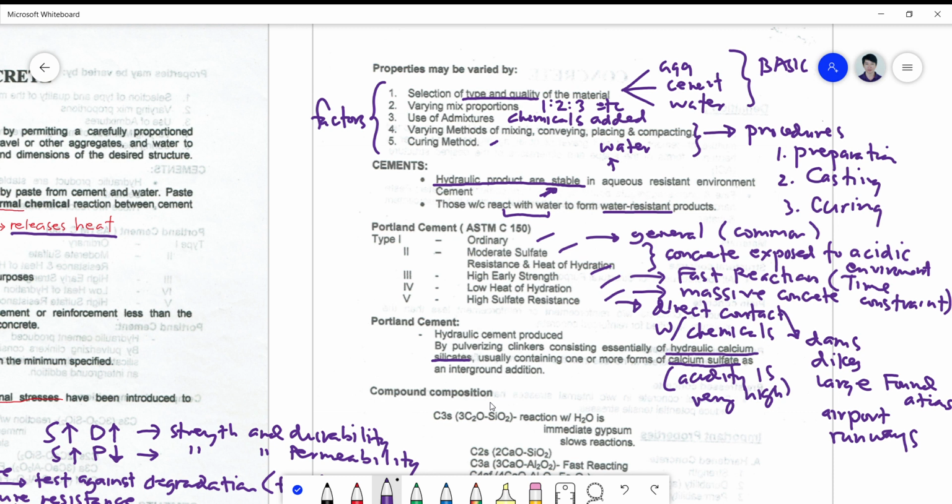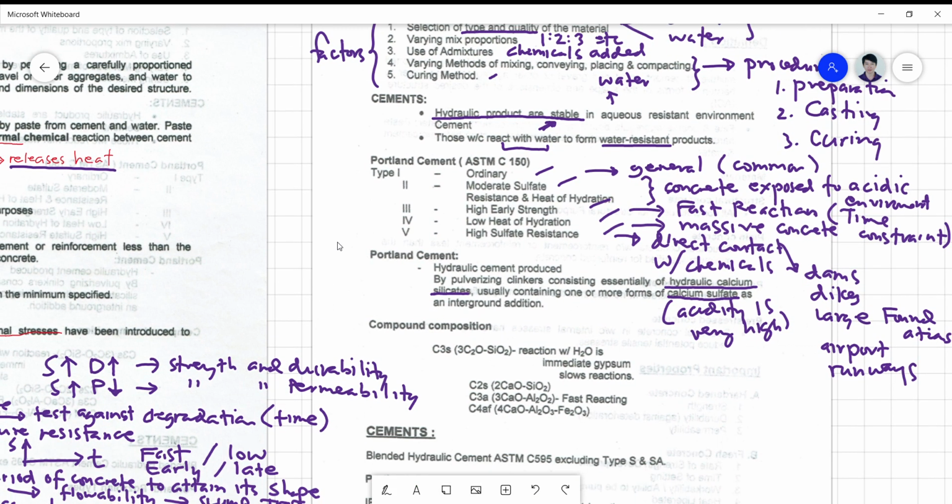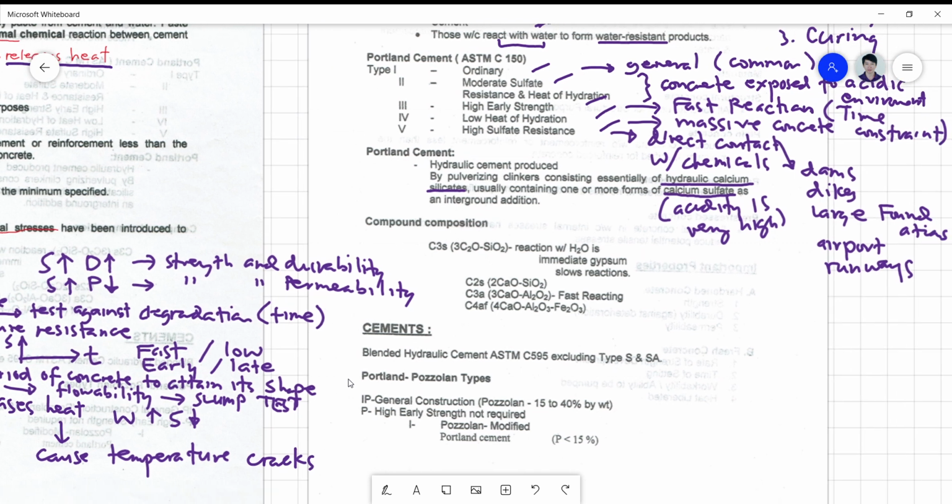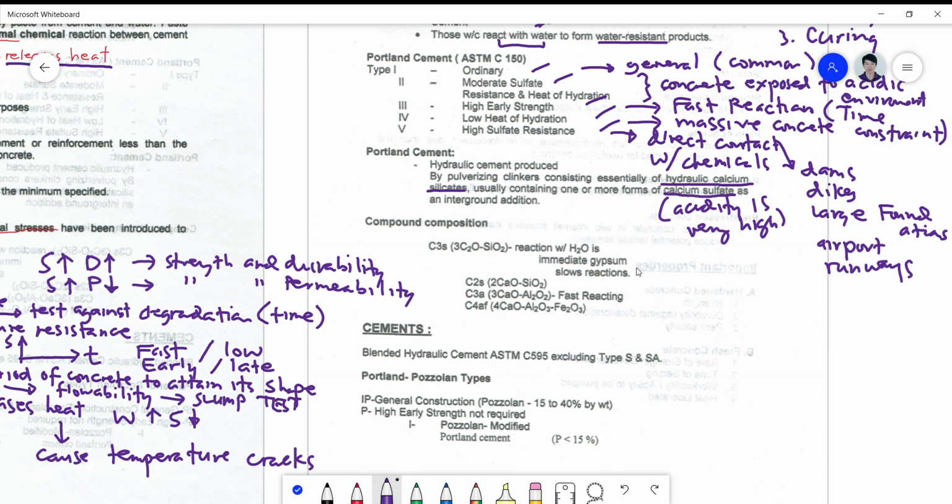The chemical composition is more on the chemical engineering or BS Chem language.